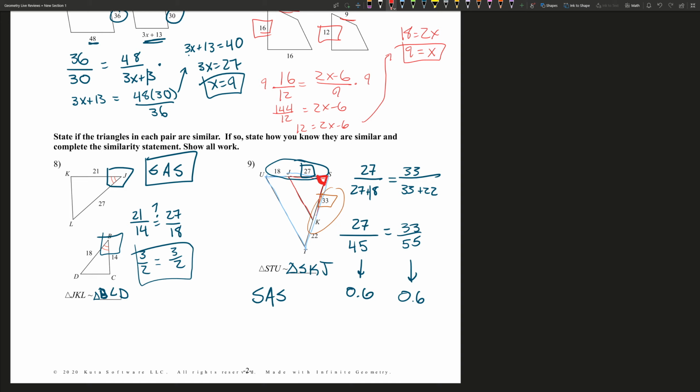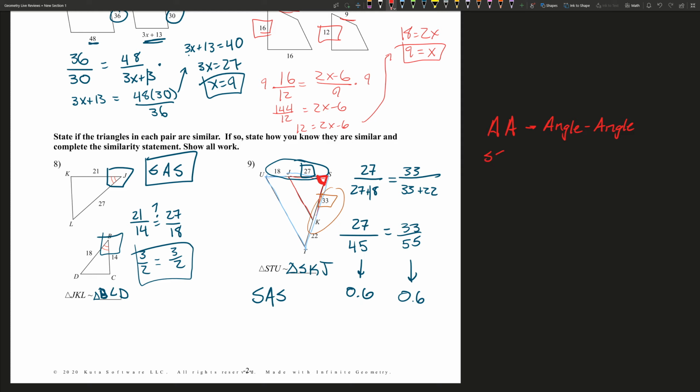So let me back up a little bit. We have three reasons to prove that two triangles are similar, right? We have AA, angle, angle, which says that if two angles in one triangle are congruent to two angles of another triangle, then the triangles are similar.